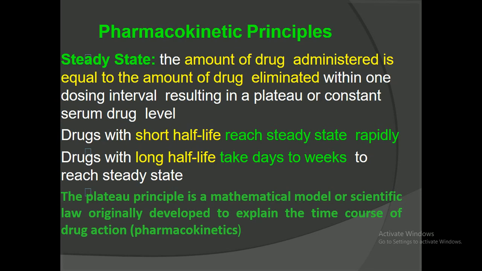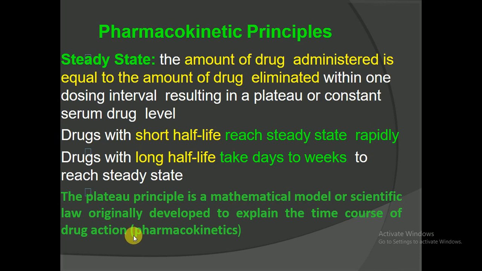For example, drugs with a short half-life reach steady state rapidly, and drugs with a long half-life take days to weeks to reach steady state. It means that pharmacokinetics is a mathematical model or scientific law originally developed to explain the time course of drug actions.